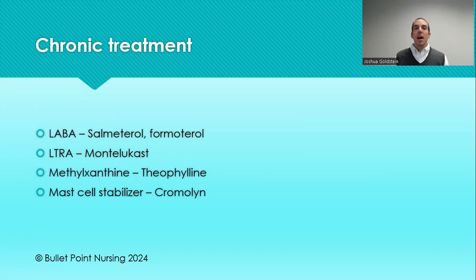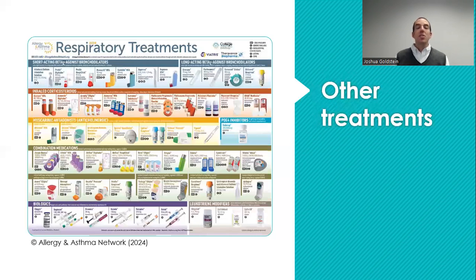But for all of these, there's not a whole lot to add over the RN content, so I'm not going to go into those any more detailed. This chart does not belong to me. It belongs to the Allergy and Asthma Network. This is very, very popular. If you've ever worked or been to a pulmonology office, they pretty much all have this hanging in the patient's rooms. And this goes through every inhaler, both the albuterols, the ICSs, the ICS with LABA, the ICS with LAMA.